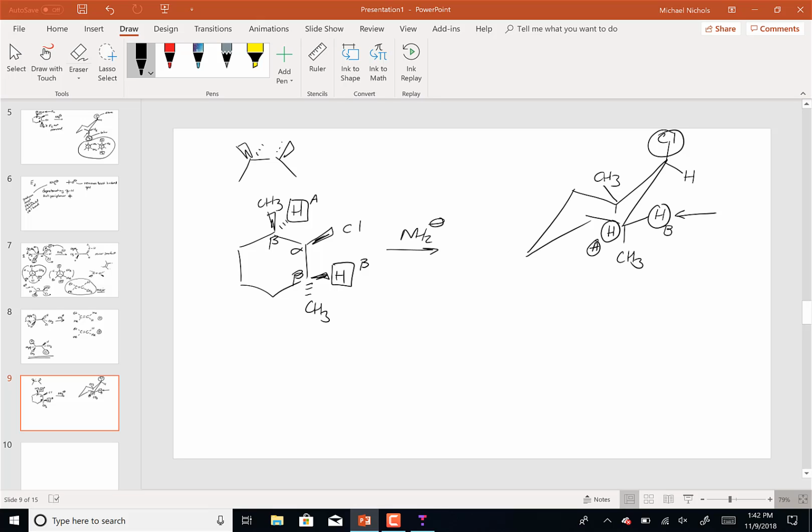Okay. If the HB and the Cl are not anti-periplanar. Now, what we should do is I should draw a Newman projection looking at this cyclohexane ring. And if I did that, it would look like this. We would have HB here, CH3 here.